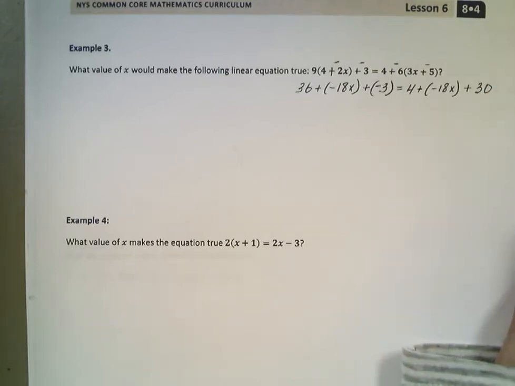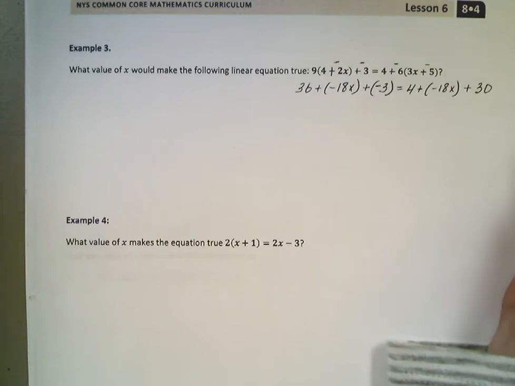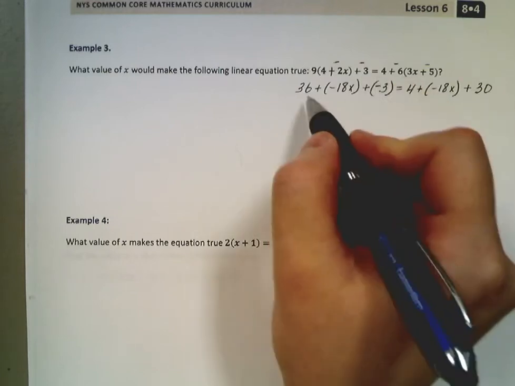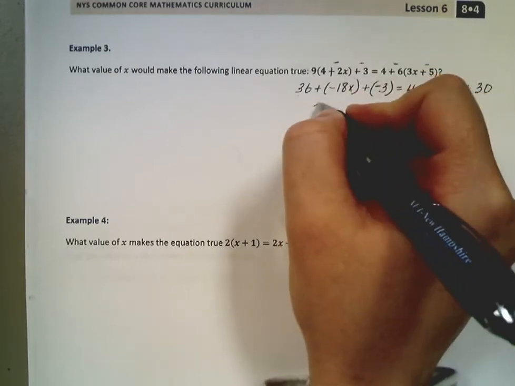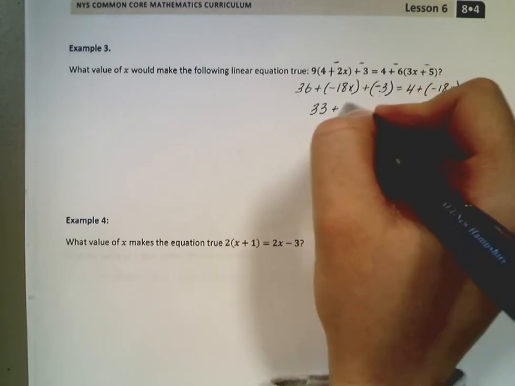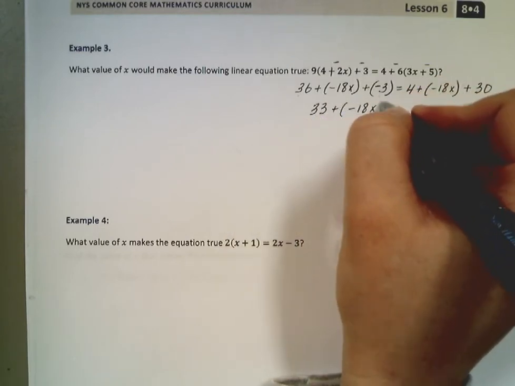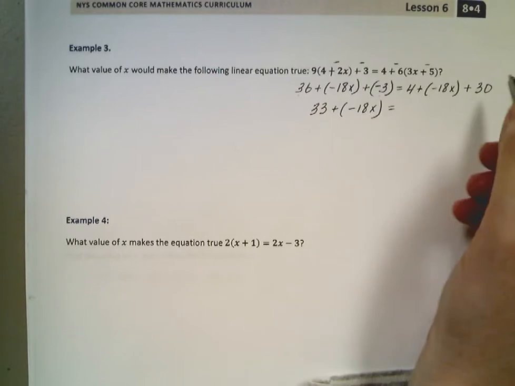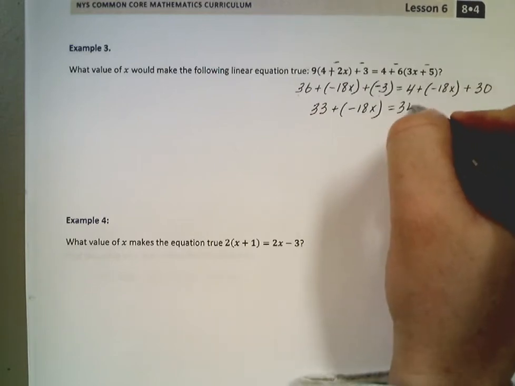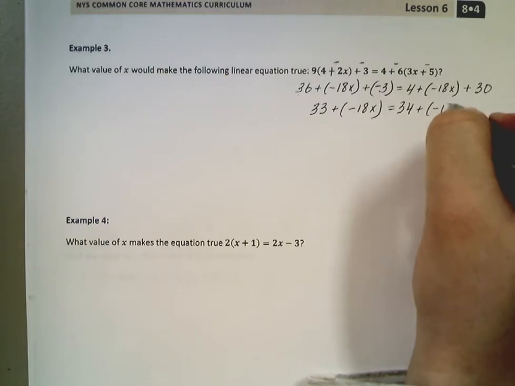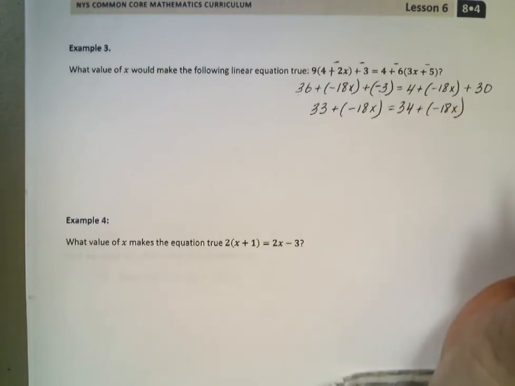Okay. So now I need to make sure to add like terms. I can add 36 and negative 3 on the left side. So it will be 33 plus negative 18x. And on the right side, I will have 4 and 30. So 34 plus negative 18x.